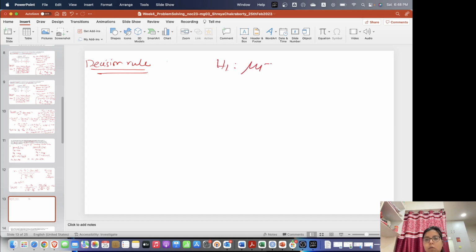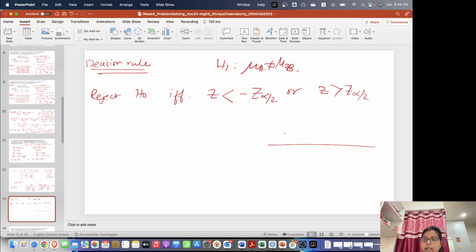H1 was mu A not equal to mu B. So the decision rule is we'll reject H0 if and only if Z less than minus Z alpha by 2 or Z greater than Z alpha by 2, where Z is a standard normal distribution.